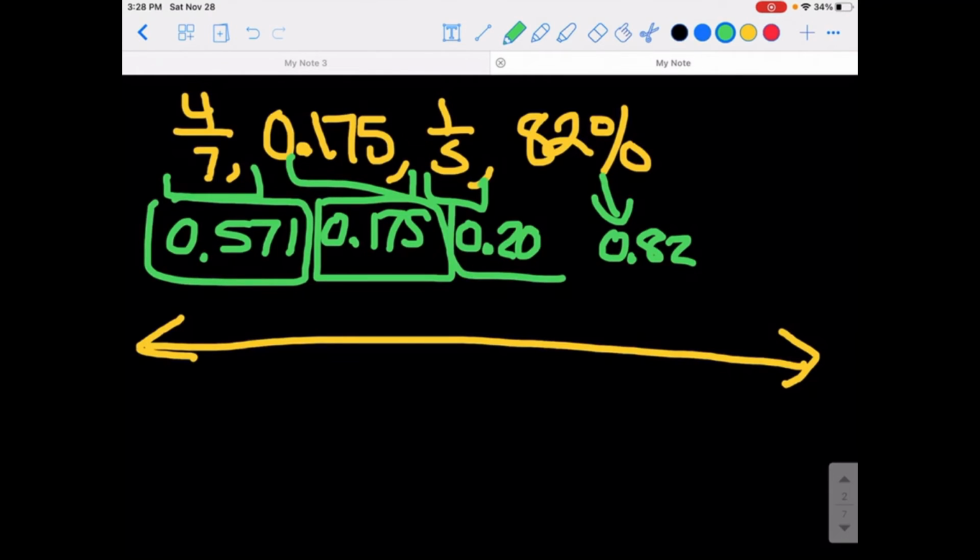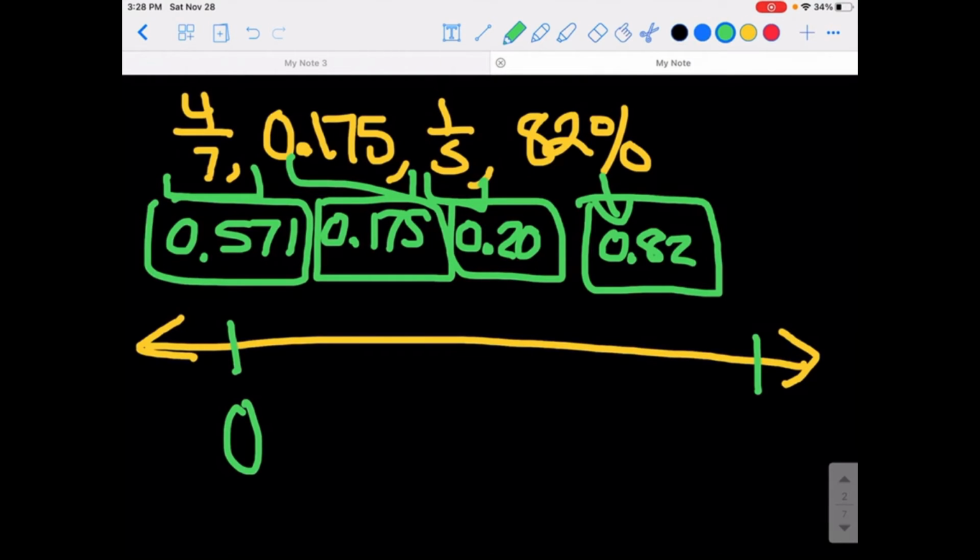These are the ones I can box in now. I'm noticing all of these are between 0 and 1, so it would probably be best to label your number line 0, 1, and if you want, you can add 0.5 in between. Now we can start plotting.